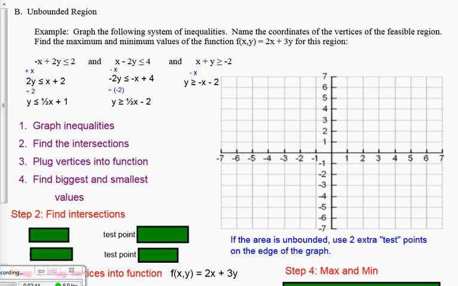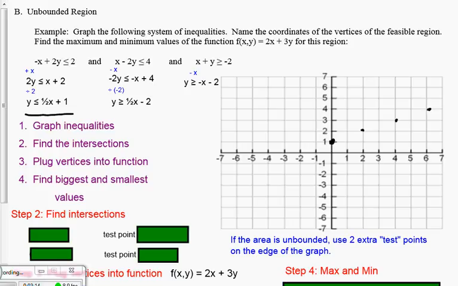So our next step then is to graph each piece individually. I'm just going to do it by plotting some points, and then I'll use my line function at the top. It might be a little easier for us. So for our first one, we have y is less than or equal to 1/2 x plus 1. I start at the y-intercept, right at positive 1. My slope is 1/2, so I go up 1, right 2, up 1, right 2, up 1, right 2.